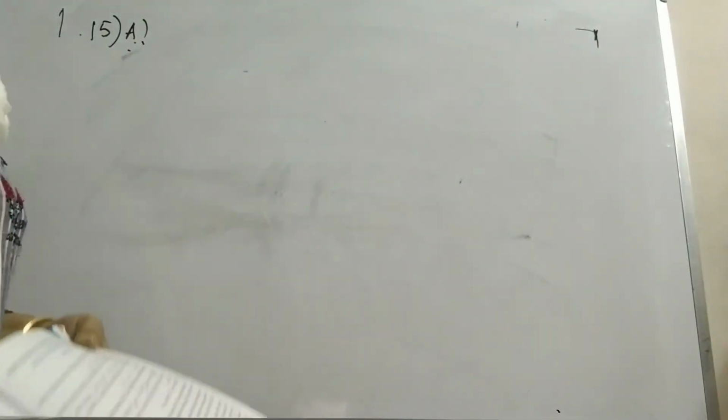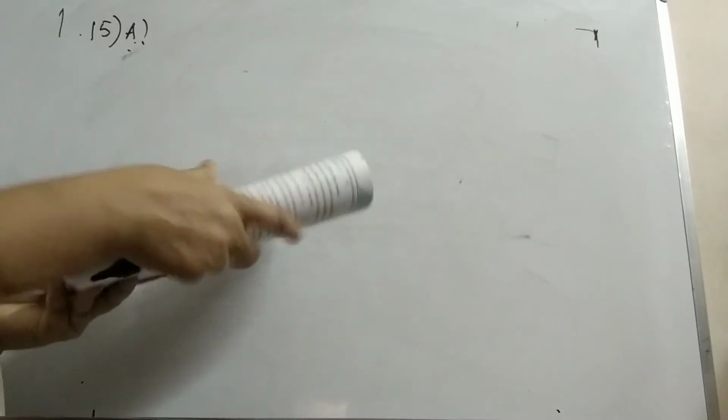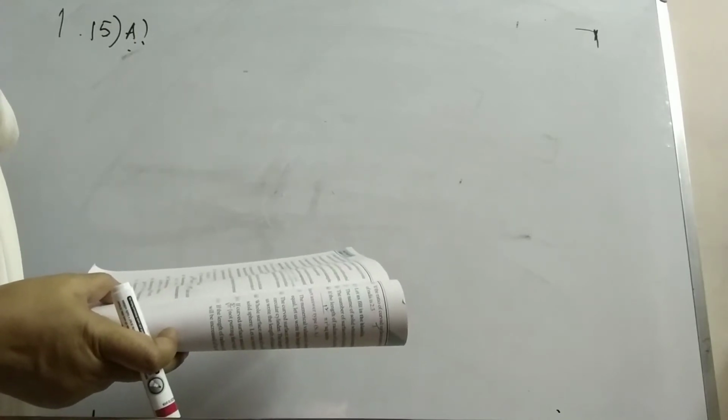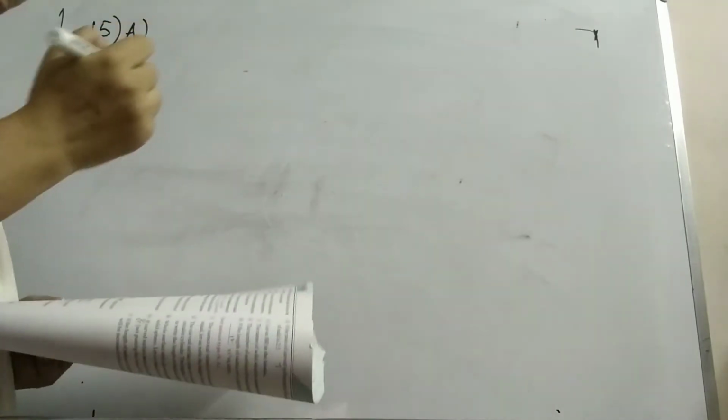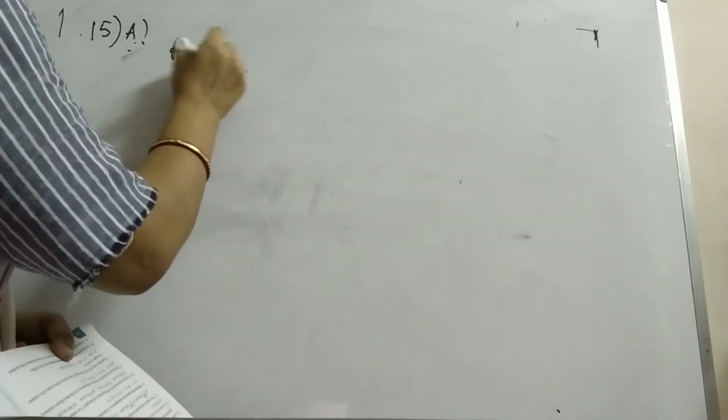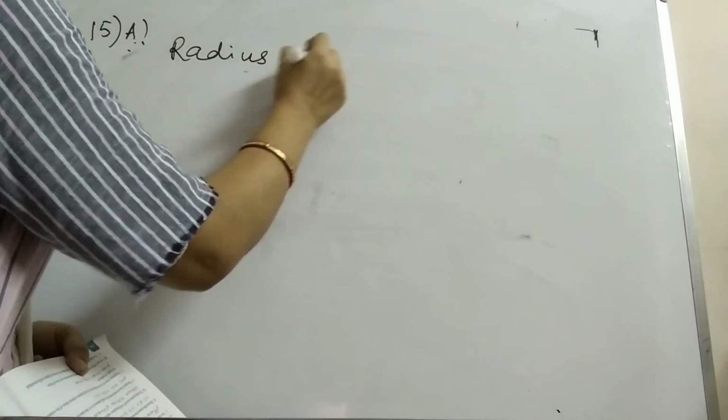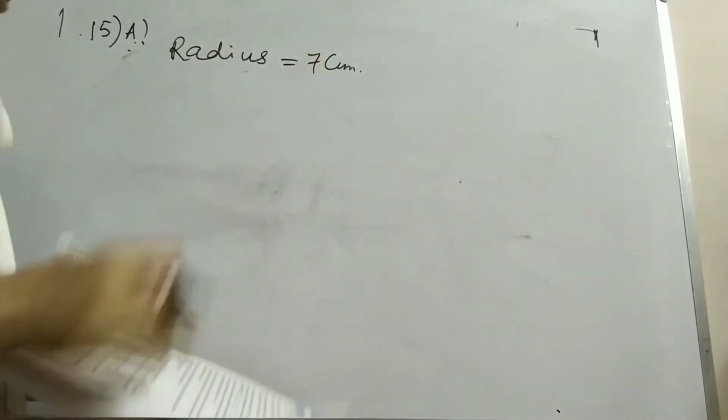Sum number 3. The whole surface area of a solid hemisphere of 7 centimeter radius, that is radius equal to 7 centimeter, is given.